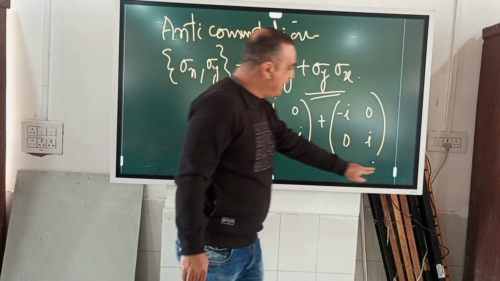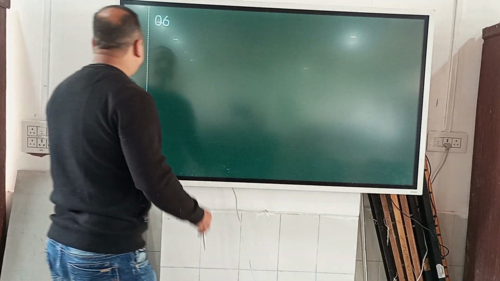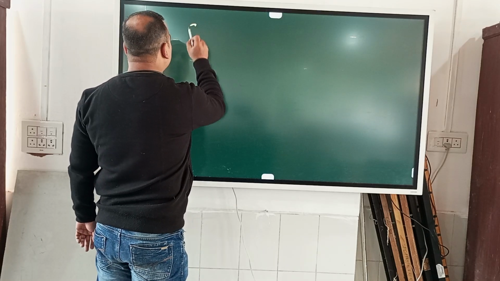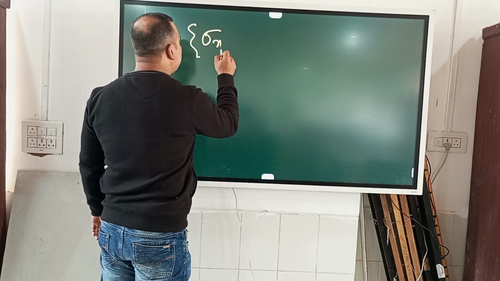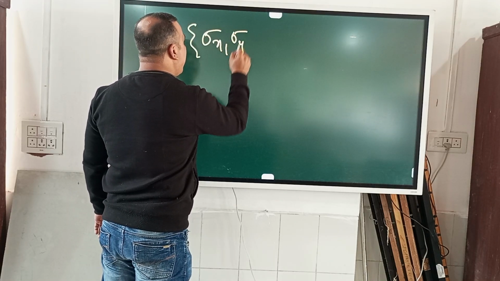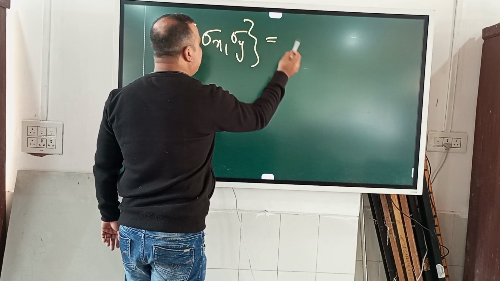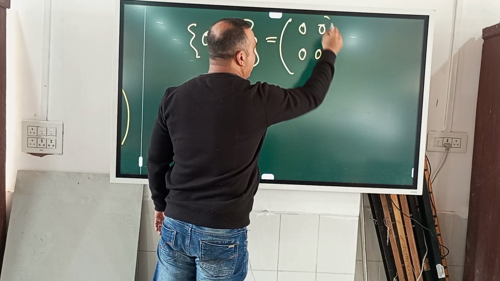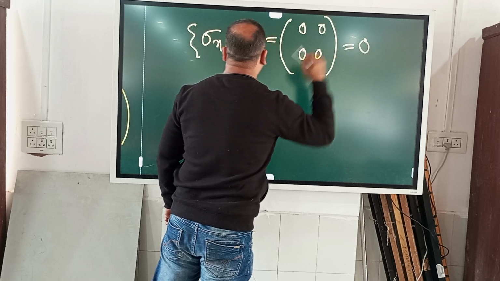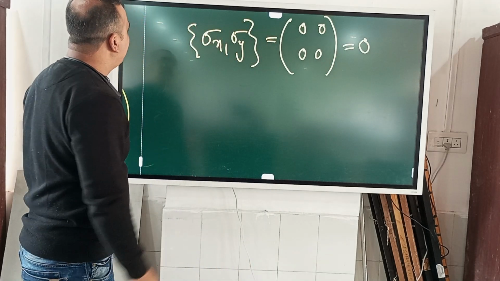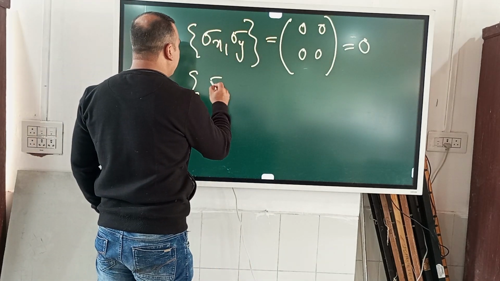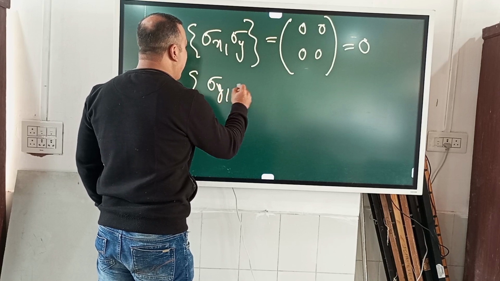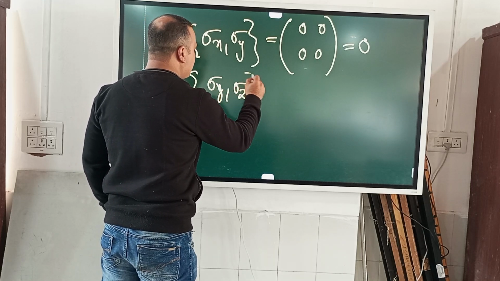So what is happening? We are obtaining an anti-commutation relation between sigma x and sigma y, and this leads to 0, 0, 0, 0, and you call it 0. The same story will be true for sigma y and sigma z.